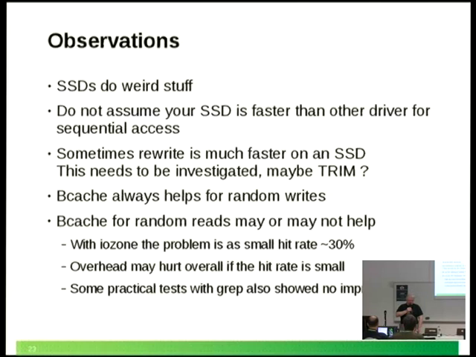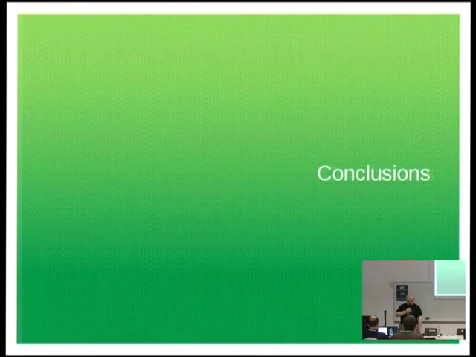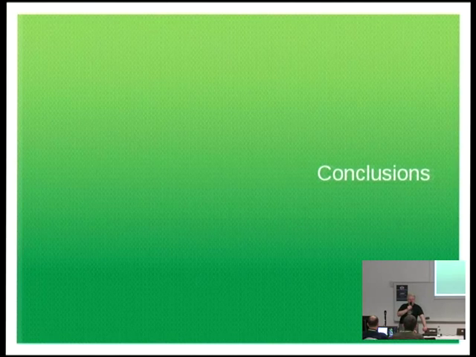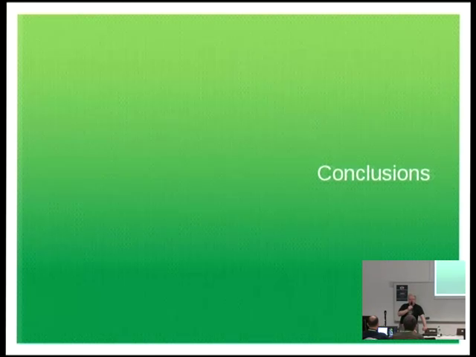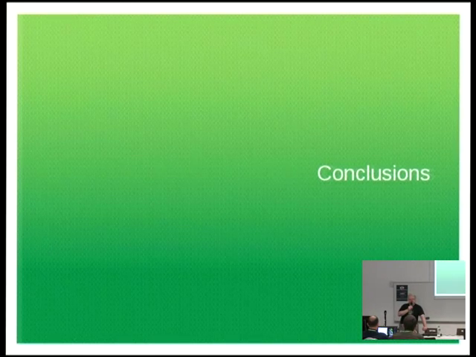So, what do we conclude here? I would say that there are use cases for which Bcache really rocks. The obvious one would be a mail server. But in the general use case, you might expect small benefits, but nothing spectacular.